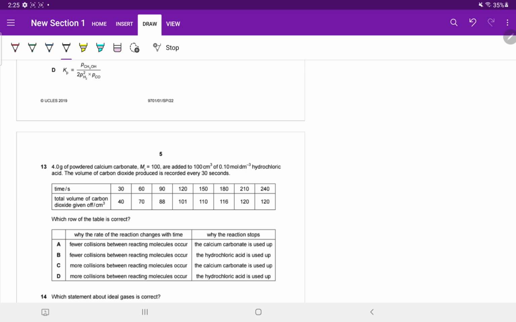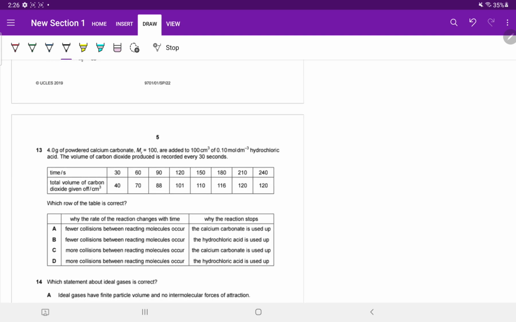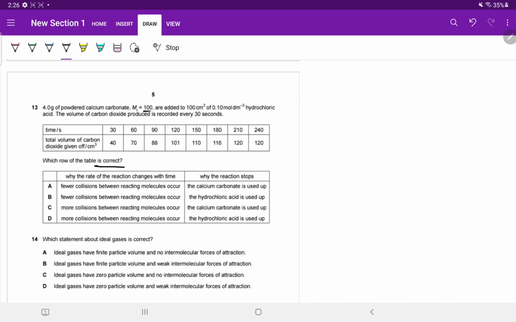Okay, question number 13. 4 grams of powdered calcium carbonate of Mr 100 is added to 100 cm cube of 0.1 mole per dm cube hydrochloric acid. The volume of carbon dioxide produced is recorded every 30 seconds. Okay, which row of the table is correct? So as you can see, as the time is increasing, we can see the total volume of carbon dioxide. So let's just compare between the two.